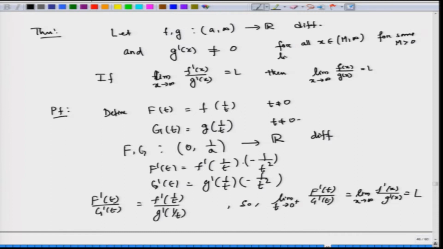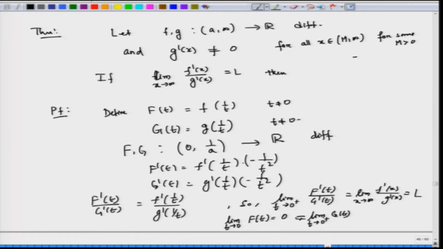Now, if the limit as x goes to infinity of f of x is infinity, and the limit of g of x is infinity, then we get the condition that the limit as t goes to 0 plus of F of t is equal to 0 and the limit of G of t is 0, and then we are done.